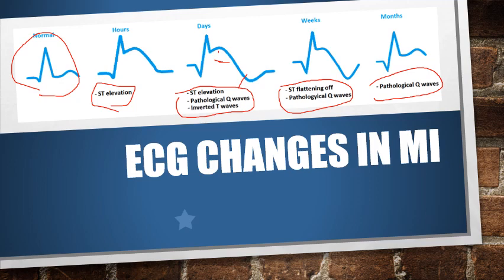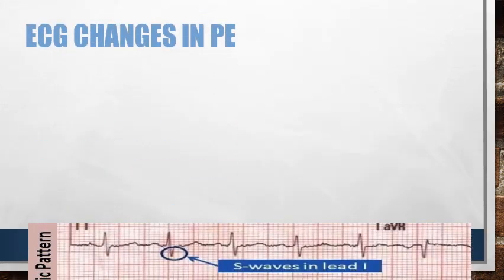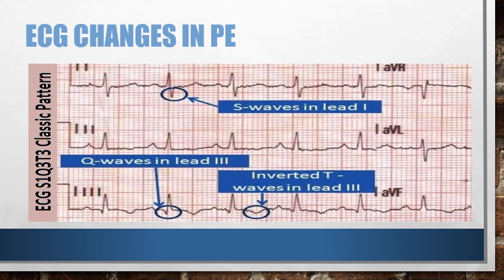If there is one of these four changes, it equals MI, and this is the first role of ECG in the chest, to exclude cardiac cause. Presence of this means that the patient is a cardiological case, not a chest case. The second is to know the ECG changes of pulmonary embolism. We have what's called S1, which means deep S in lead 1.